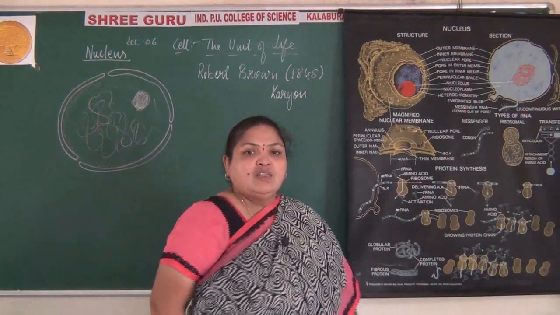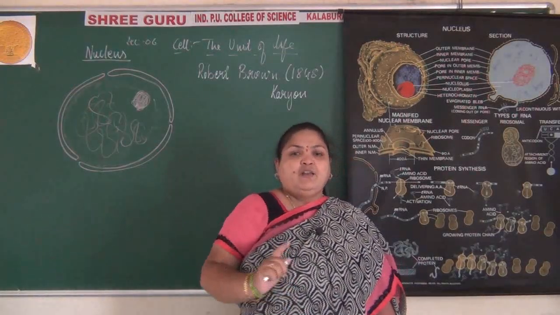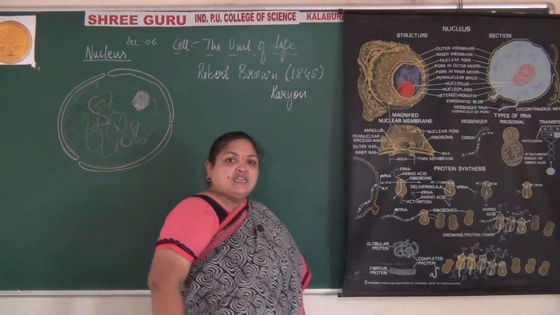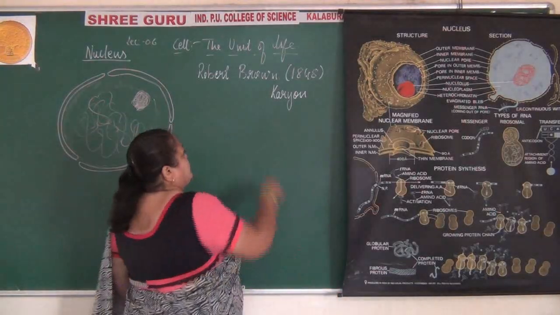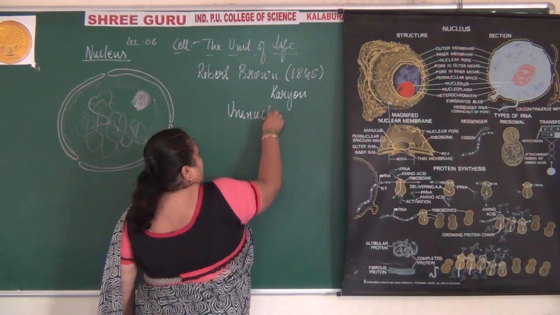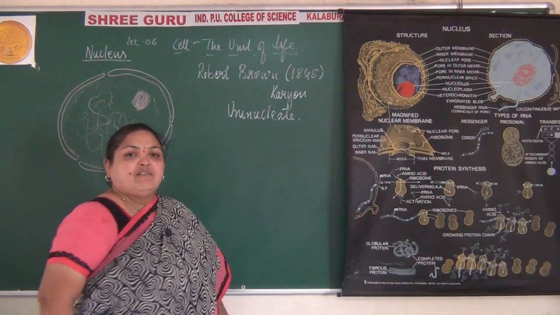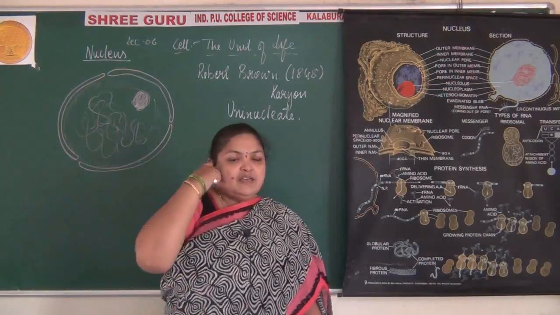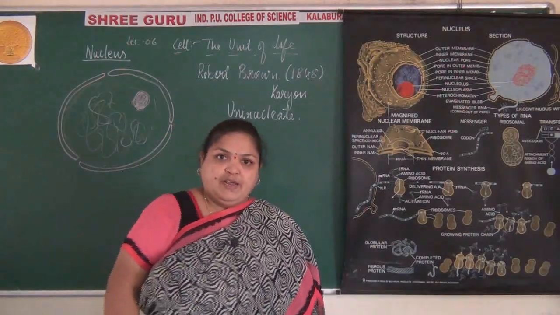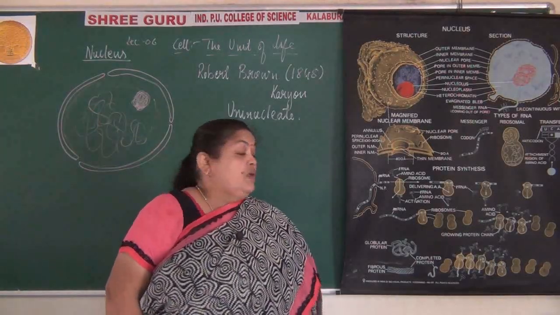Usually, all the cells contain only one nucleus. Such cells are said to be uninucleate. If the cell has only one nucleus, it is known as uninucleate. Take the plant cell and the animal cell.